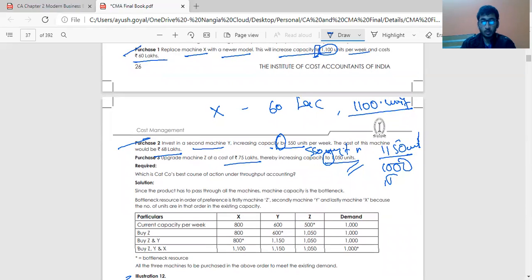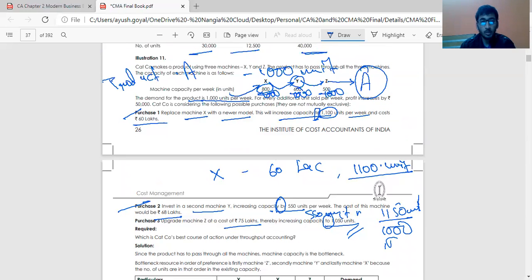Now one more thing, we are given that the demand is 1000 units per week, and for every additional unit the profit increases by rupees 50,000. So suppose presently I am able to make only 500 units. Since machinery Z has the capacity of 500 units, we cannot manufacture more than 500, because it is the maximum capacity of machinery Z.